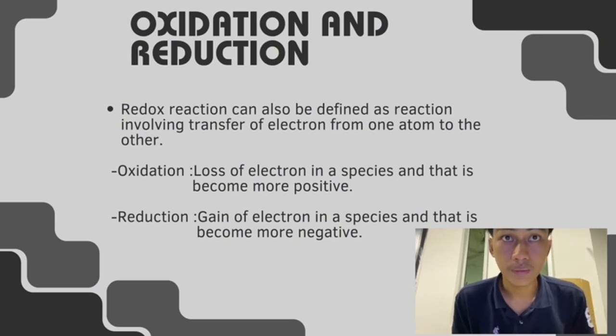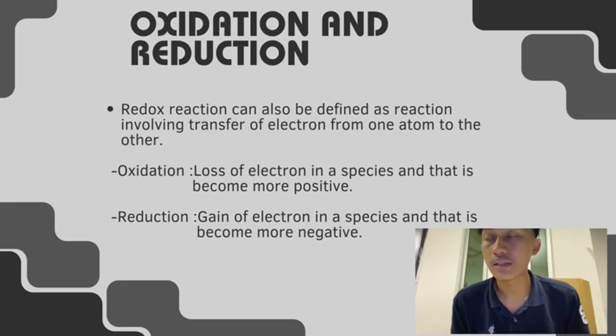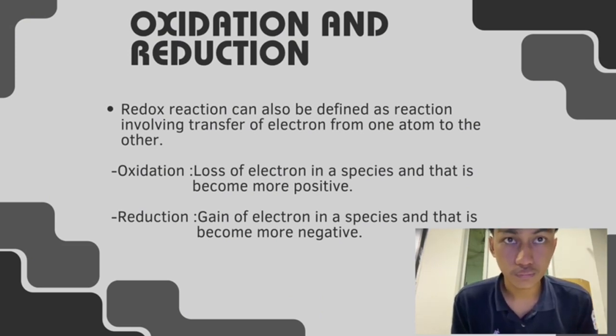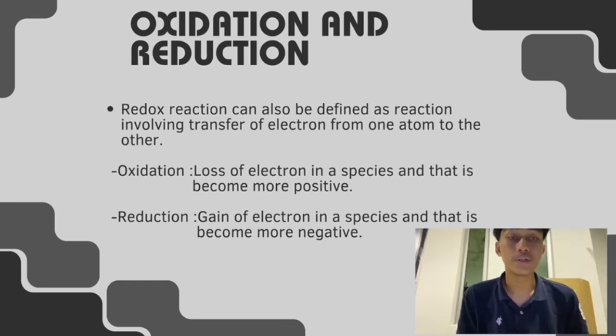But redox reaction can also be defined as a reaction involving transfer of electrons from one atom to the other. And we have oxidation and reduction. Oxidation is loss of electrons in a species, and it becomes more positive.